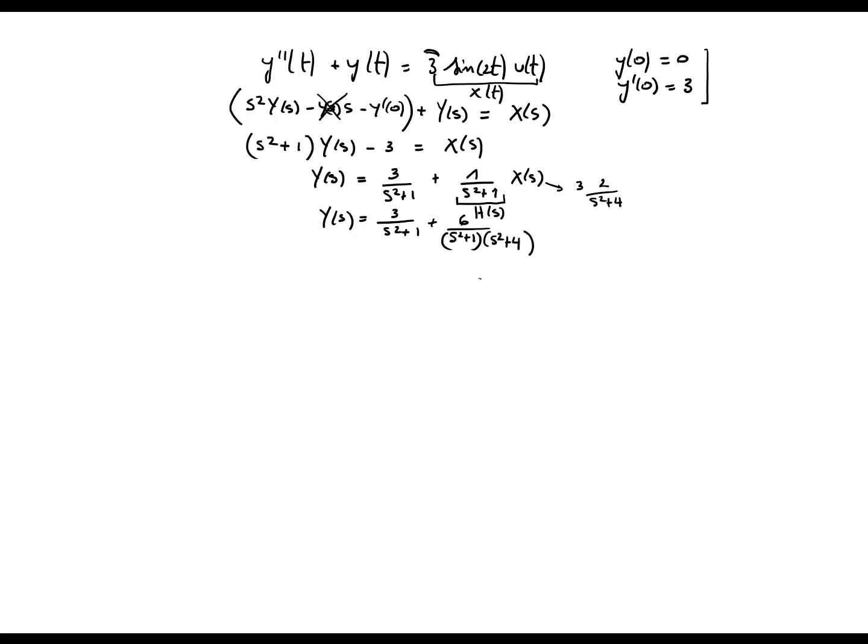So what we have to do now is, well, this one is already a transform that you recognize, right? So why would you put it on the same denominator? This is what I often see. For me, it's easier to take just this one and decompose it as something with a denominator s squared plus 4 and another term with a denominator s squared plus 1.